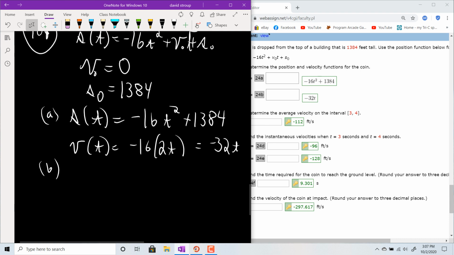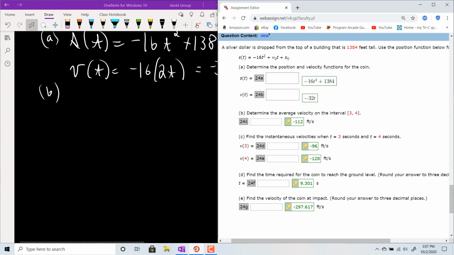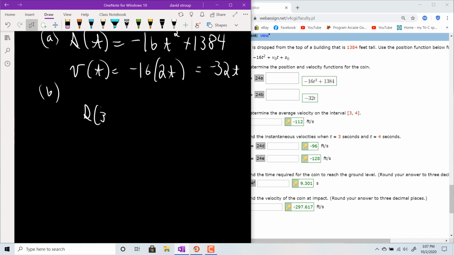Part B. Find the average velocity on the interval from 3 to 4. What you're going to do is take s of 4, the endpoint, minus s of 3, all over 4 minus 3. Average velocity is just the slope of the secant line between those two points.